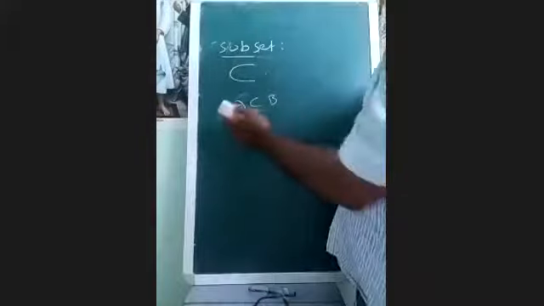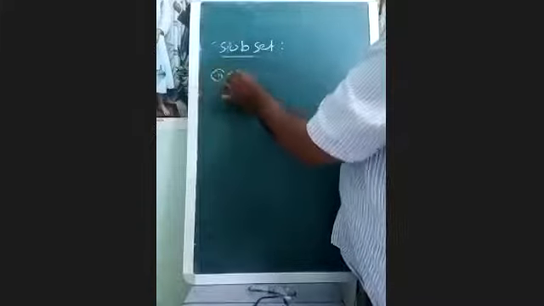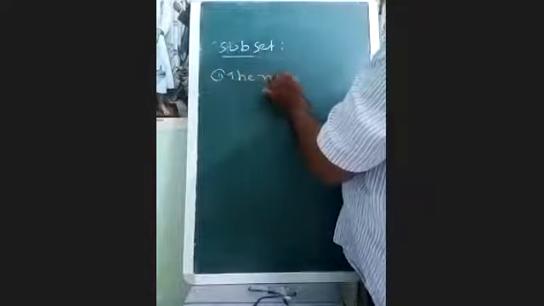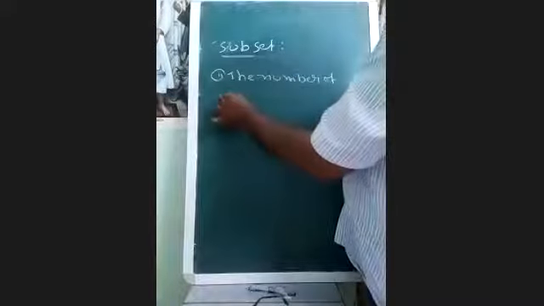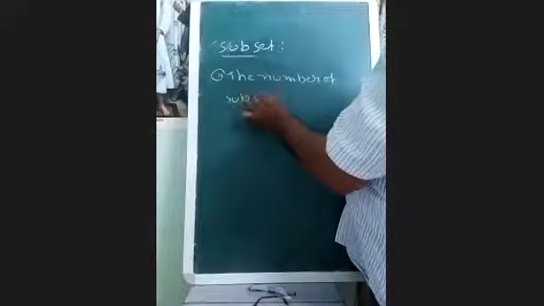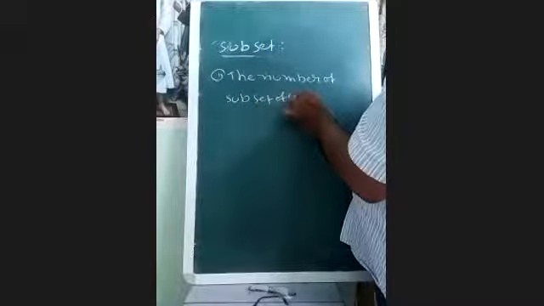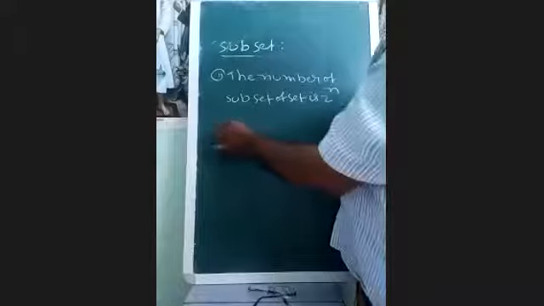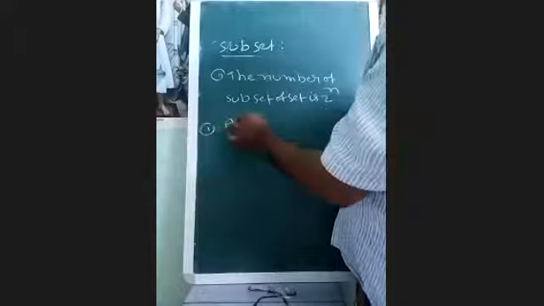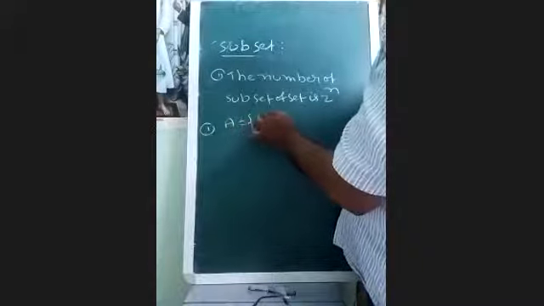Some important points. The first one is the number of subsets. The number of subsets of a set is 2 power n. For example 1, set A is equal to {1, 2}.